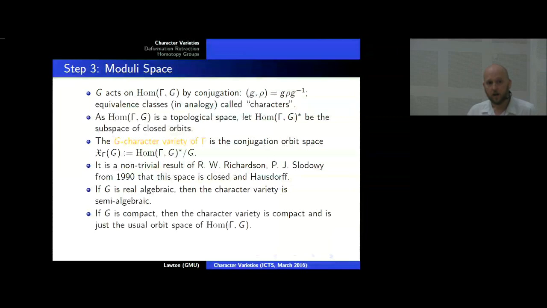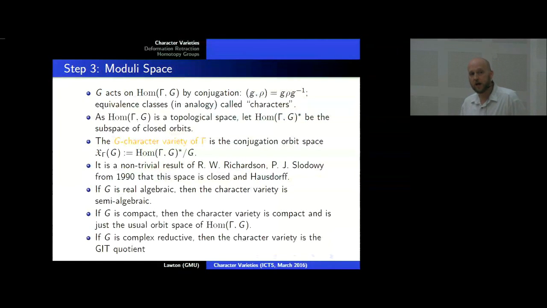And if it's compact, it's just the usual compact quotient, no big deal, just the usual conjugation orbit space. And if it was complex reductive, then the character variety is in bijective correspondence with the GIT quotient by G. So we inherit the structure of a complex affine variety, and in particular, it's an algebraic set.